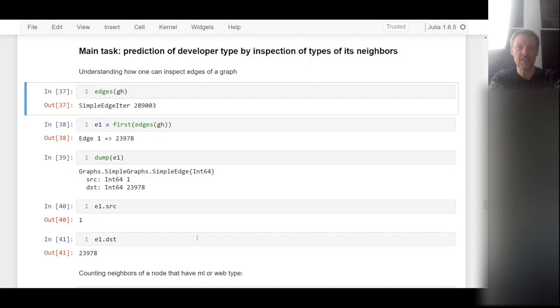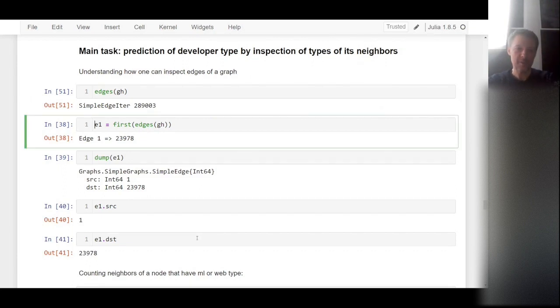We have a function edges that will feed me, just like each row was returning each row of a data frame, exactly the same way edges returns me each edge of the graph. For example, if we want to see the first edge of the graph, it's 1 to 23,978.